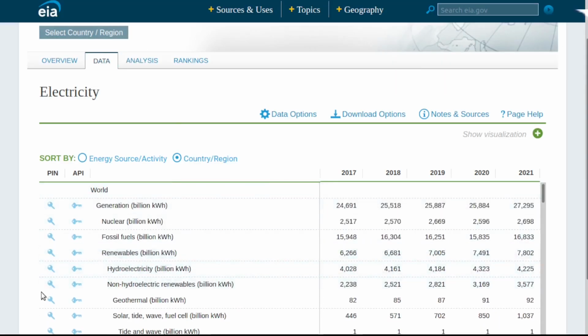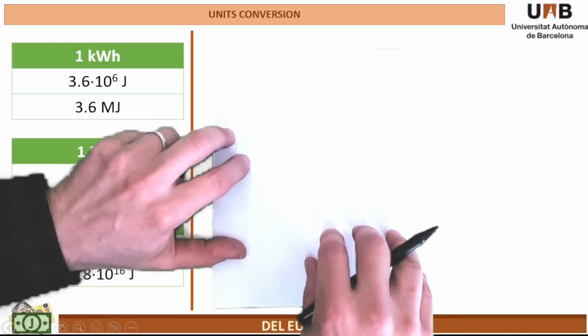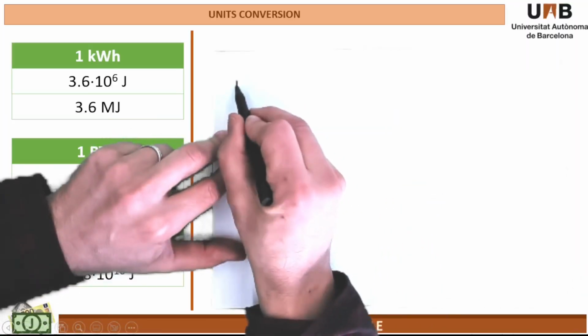On the other website, we can get the same value from this table, and we get this amount in billions of kilowatt hour.